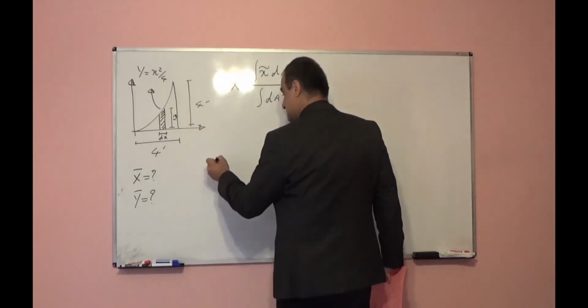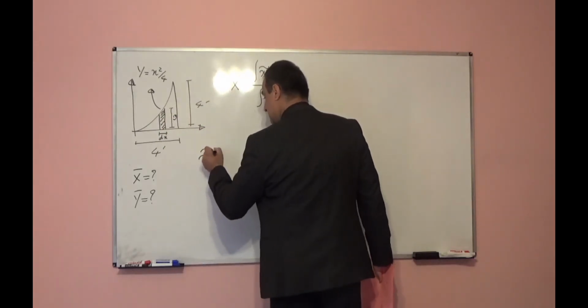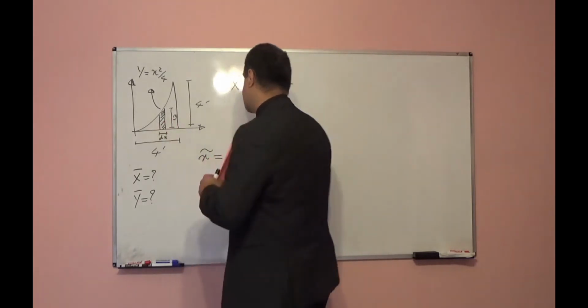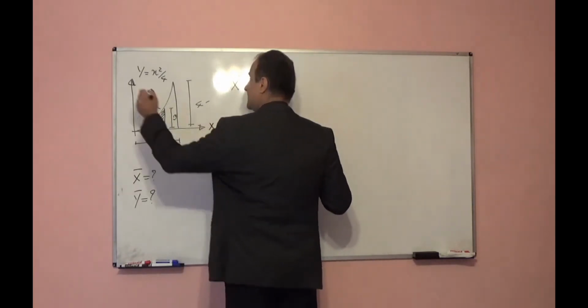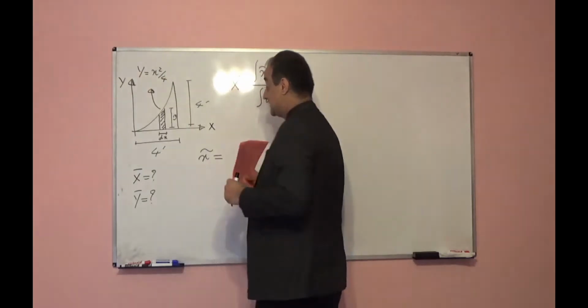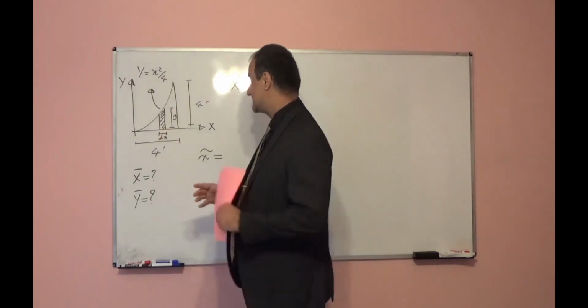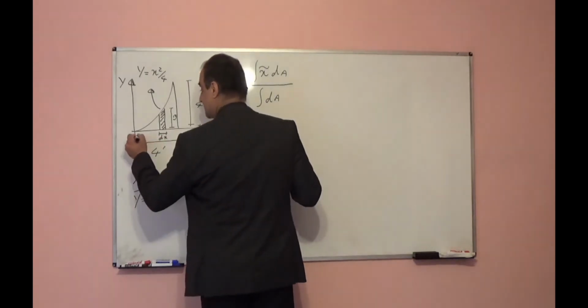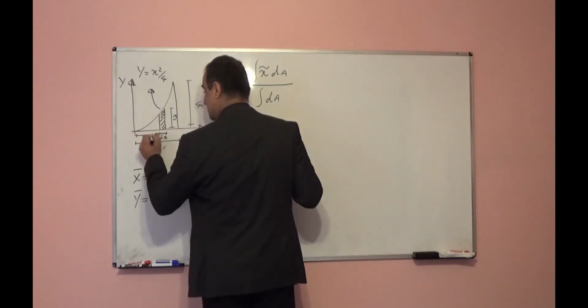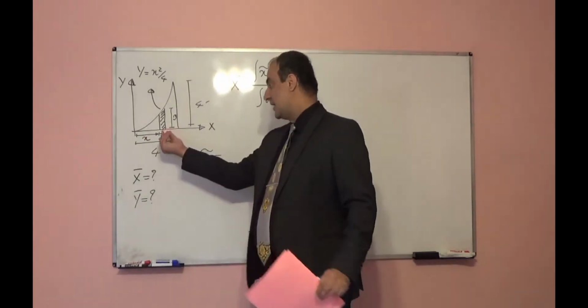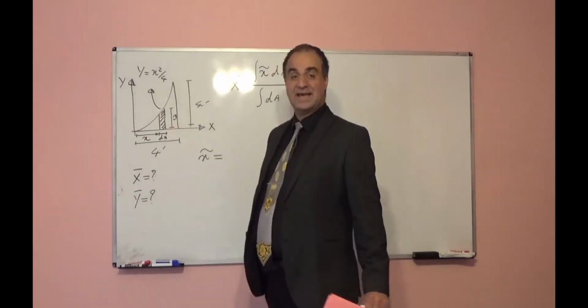So the x tilde means the distance of the centroid of this element in the x direction. This is x direction, this is y direction. I assume this element is at distance x, and the width of the element is dx.